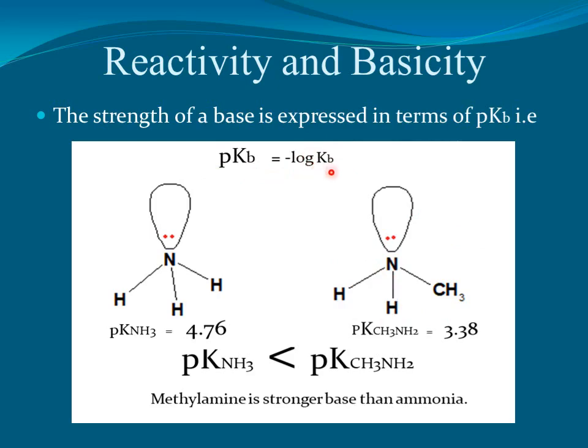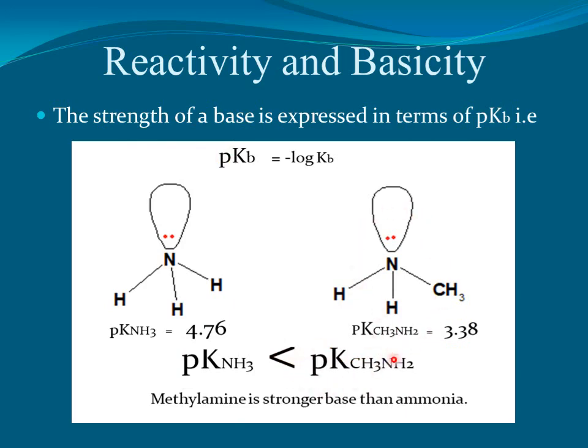Now students, the pKb value of ammonia is 4.76, whereas that of methylamine is 3.38. And you have studied in first year that smaller the value of pKb, greater is the basic strength. So, this can be concluded that methylamine is a stronger base as compared to ammonia.